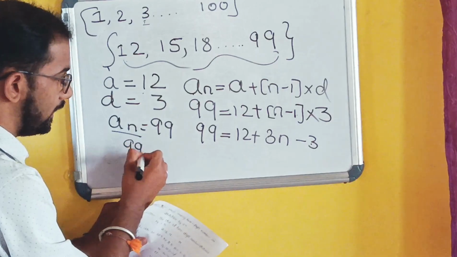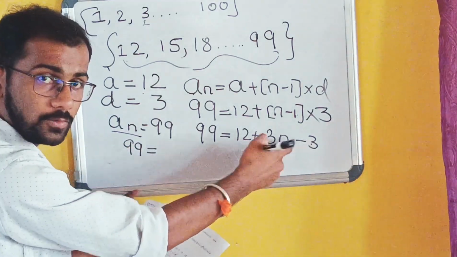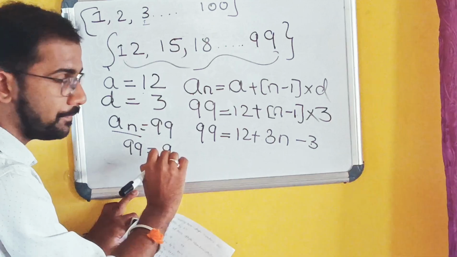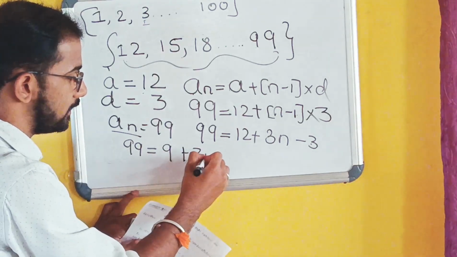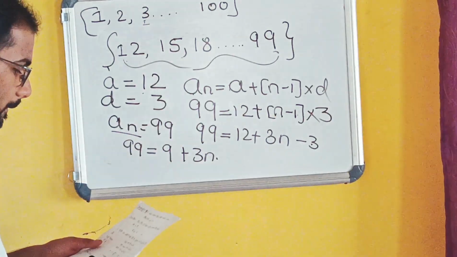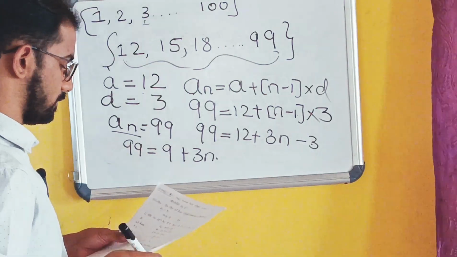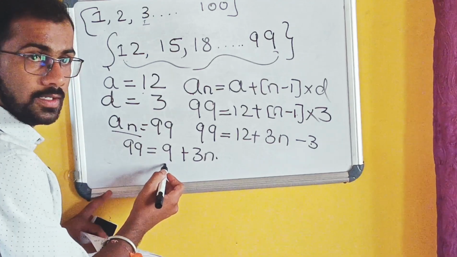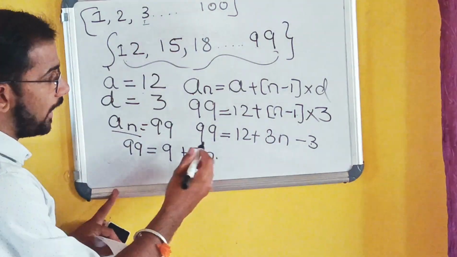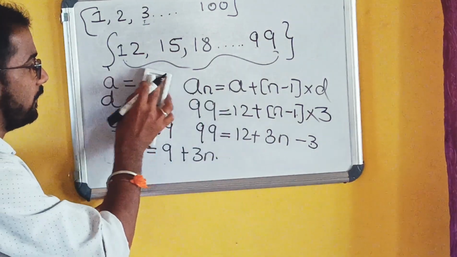Now 99 equals 12 minus 3, which is 9, plus 3n. Now we have to calculate the value of n.